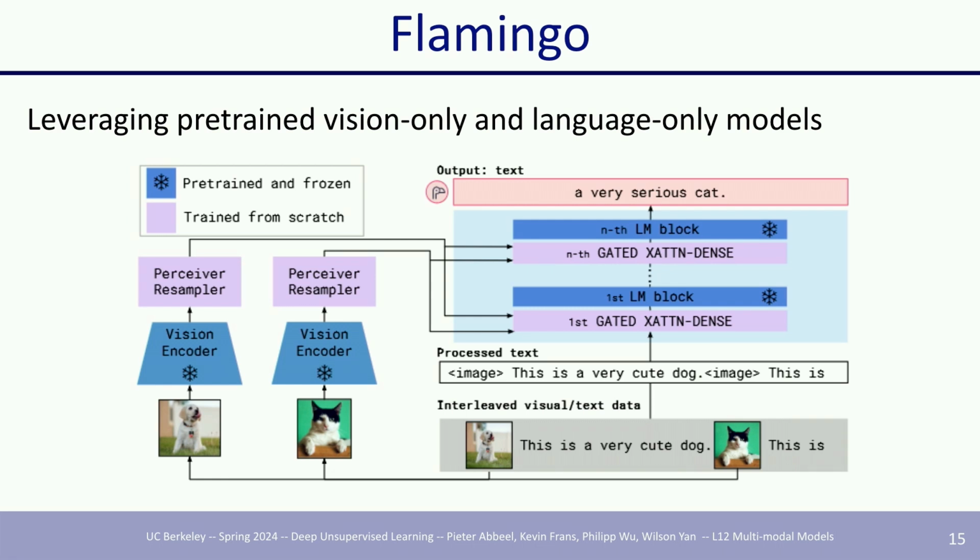For example, this vision encoder could potentially output different numbers of tokens depending on the input resolution of the image. If it's a larger resolution, it could output more tokens. But the perceiver processes it and computes an encoding that is a constant size. I think in this case it was 64 tokens per image.